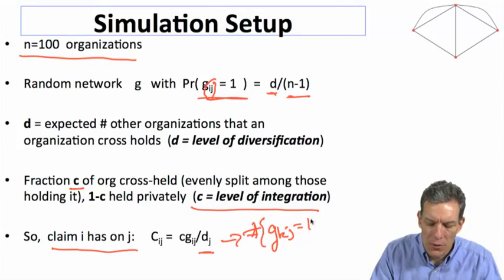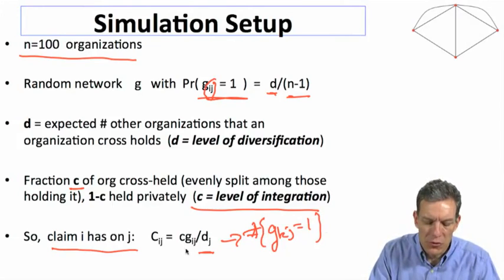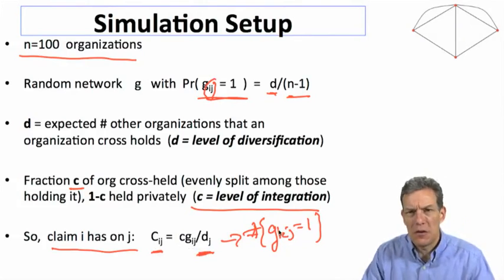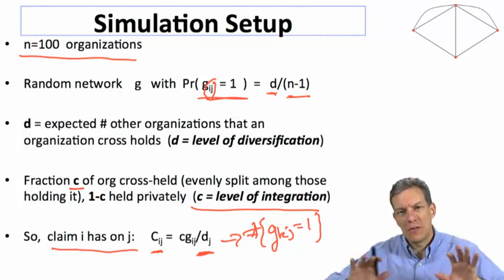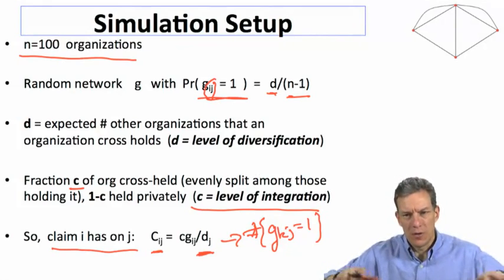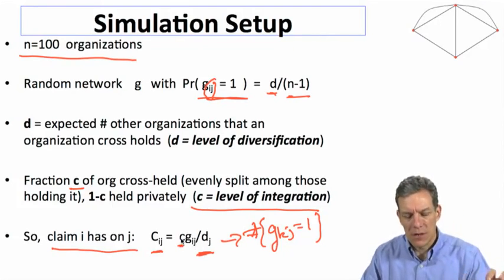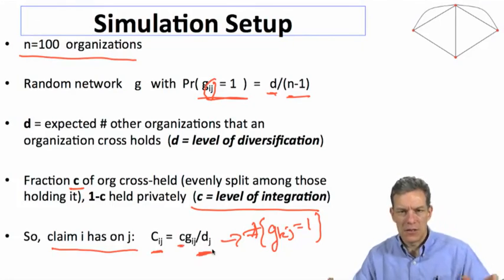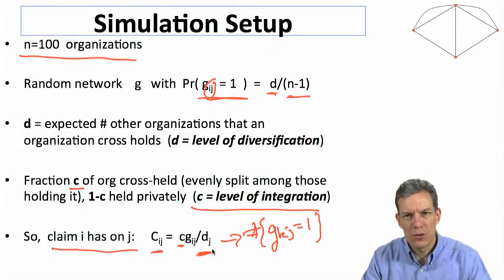Okay, so it's the number of organizations that have holdings in J. And so what we'll do is look at if I gets some claim on J proportional to 1 over the number of organizations that hold J. So we're just going to split up equally however much of J is held by others. We'll split it equally among the individuals who hold it. And so C is the amount of J which is held outside, and then I just gets 1 share of that. Okay, so that's just a simple structure for these networks.